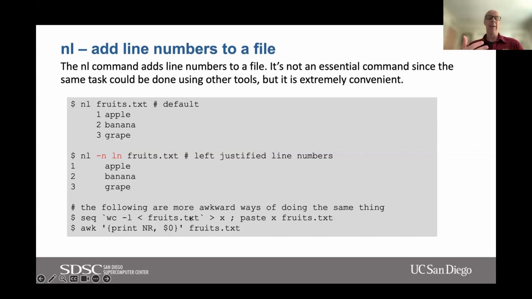So basically, it's looking at the number of lines in that file. I could then write that sequence of numbers to a new file, and then I can use paste. You can see that is really a much more roundabout way of doing this. Using nl is much simpler. We could have also done this using the awk command, which I'll be getting to a little bit later.